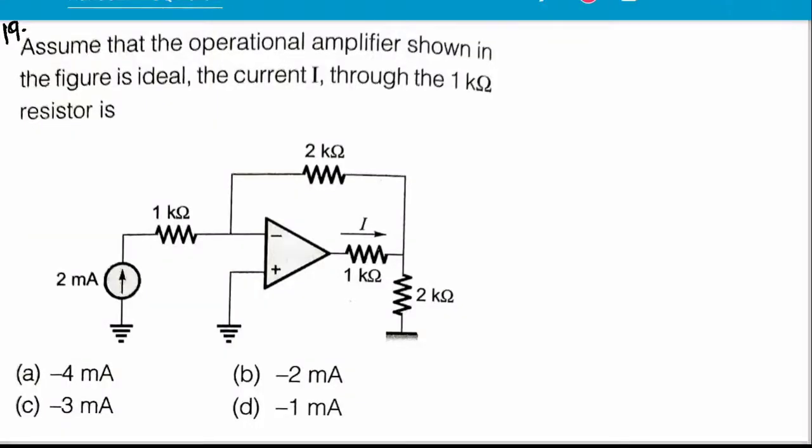Next question, assume that the operational amplifier shown in the figure is ideal. The current I through the 1 kilo ohm is asked.